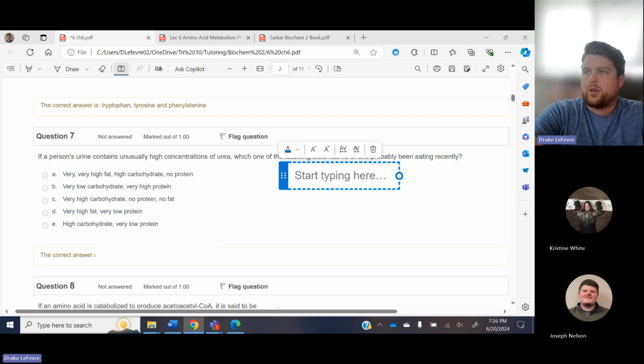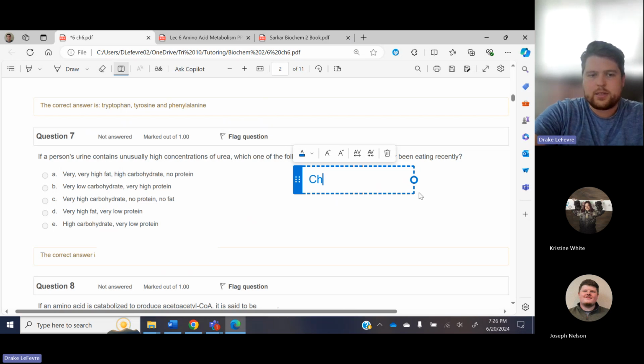Actually, let's look at this. Urea chemical formula: urea is CH4N2O. Then we have the ammonia chemical formula, NH3.